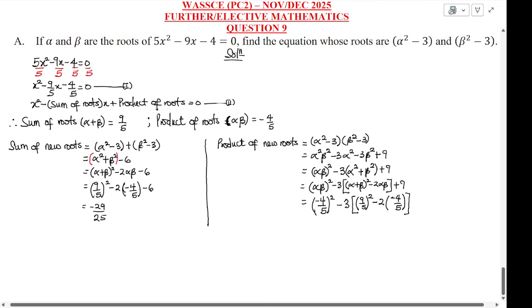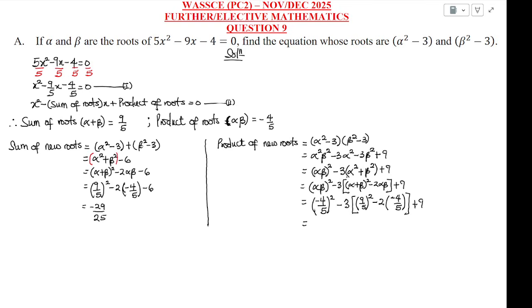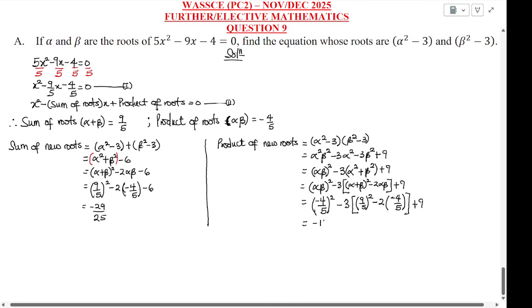Then I close my bracket, then plus 9. We can do what we have outside and then what we have inside, and put everything together. This gives negative 122 out of 25 as the simplification for the whole thing.